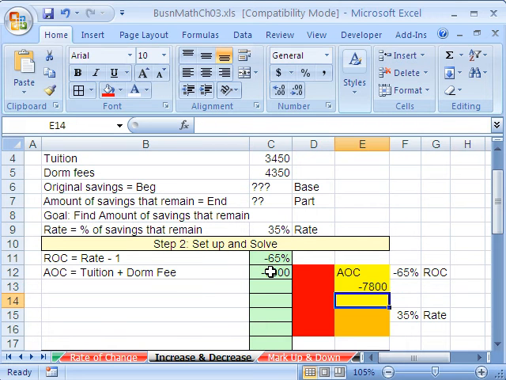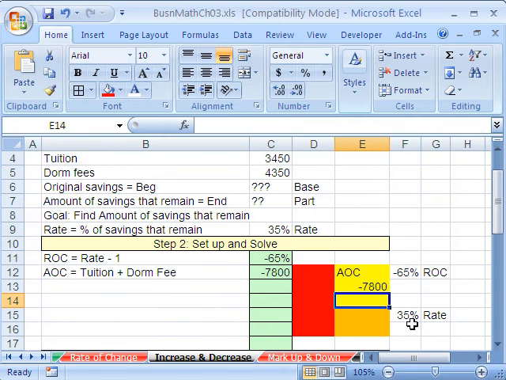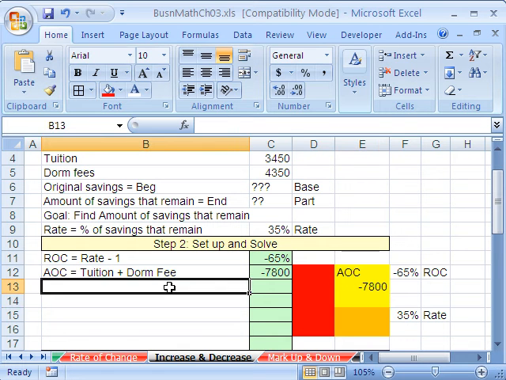Now, here's the whole trick to this problem: noticing, and we've talked about this, and I've chosen my language carefully, associated part, associated rate. Once you know either one, and it doesn't matter if it's the amount of change and rate of change or the end amount and the associated rate, regardless which one it is, once you have two of them and they're matched up, you can solve for the begin amount or base.